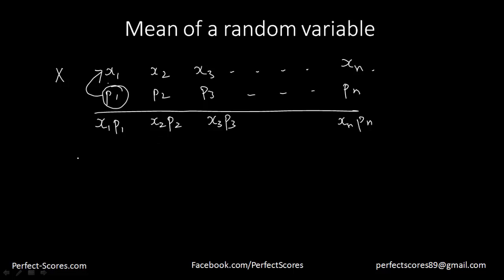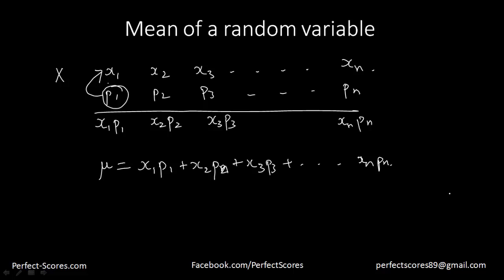Now for me to find the mean of the random variable, I can say that the mean, which is denoted by mu, would be equal to the sum of all these numbers at the top, divided by the number of terms.